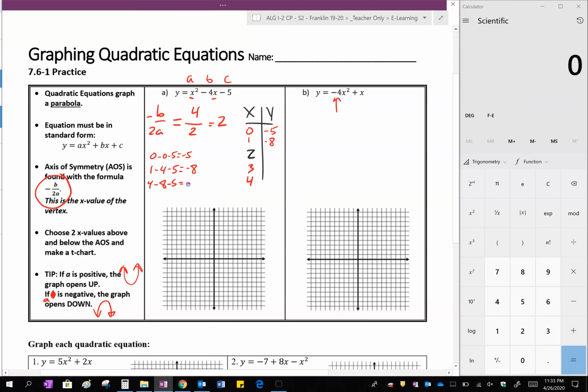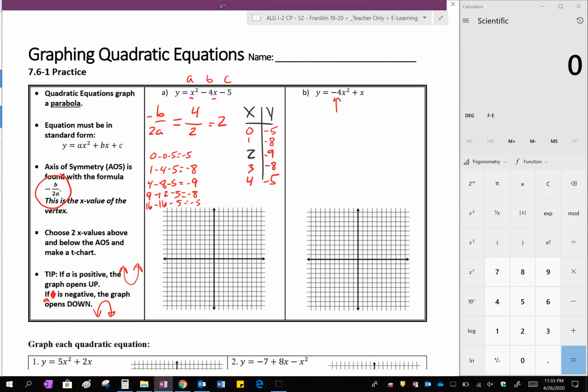Negative 4 minus 5 is negative 9. Okay, now 3. 3 squared is 9, minus 3 times 4 is 12, minus 5. Negative 3 minus 5 is negative 8. And 4. 4 squared is 16, minus 16. 4 times 4 is 16. Minus 5 is negative 5.